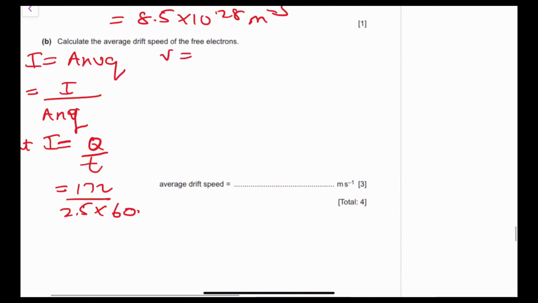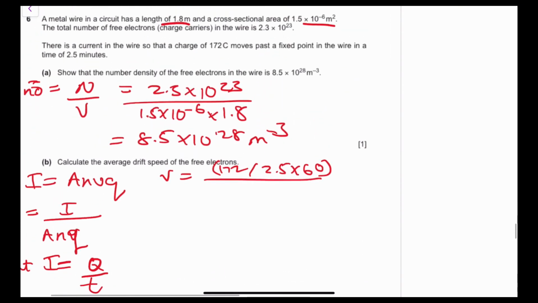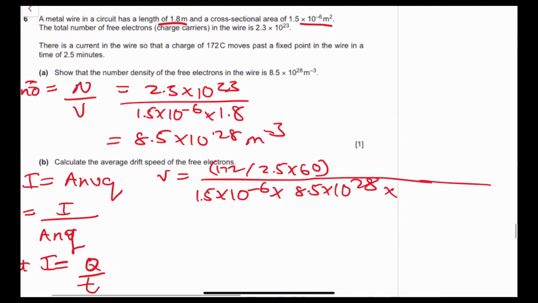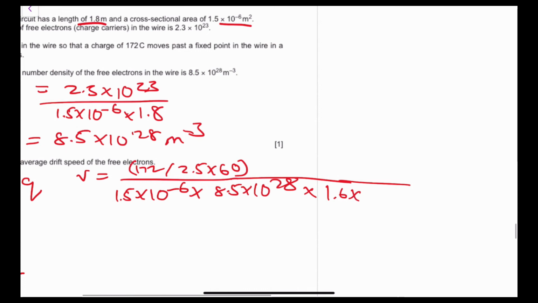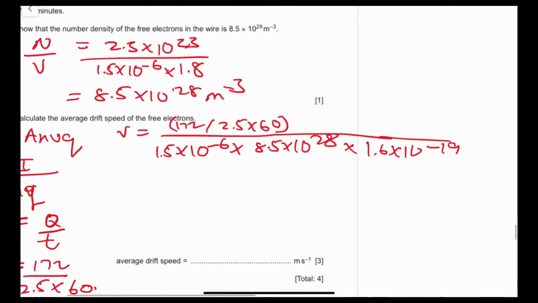So my value of V will basically be 172 divided by 2.5 times 60, okay? What is my value of A, which is my area? 1.5 times 10 to the power of negative 6, times N, which is 8.5 times 10 to the power of 28, times Q, which is 1.6 times 10 to the power of negative 19.